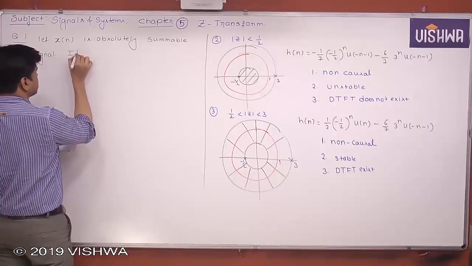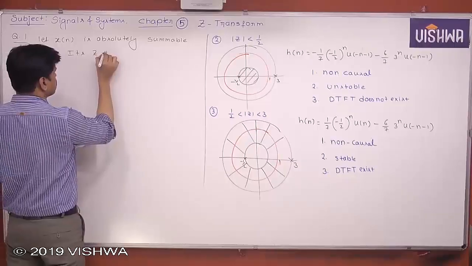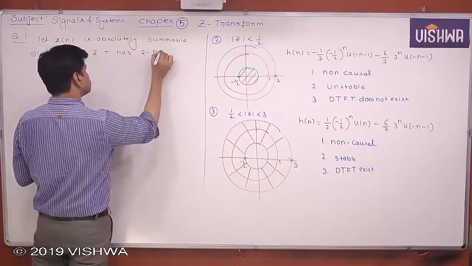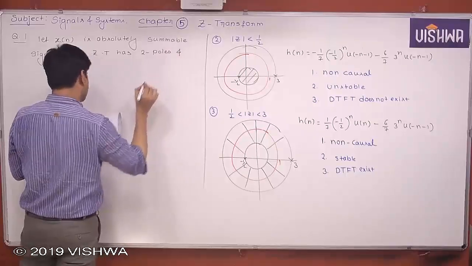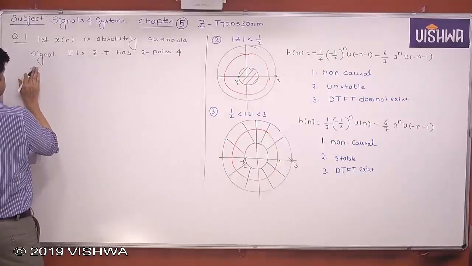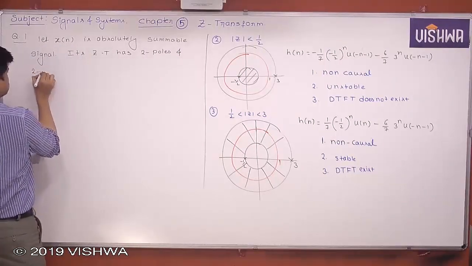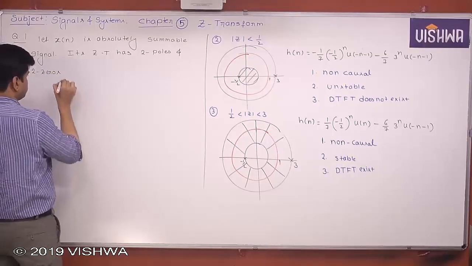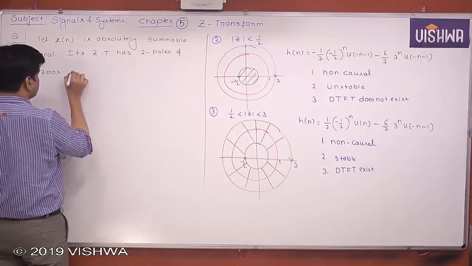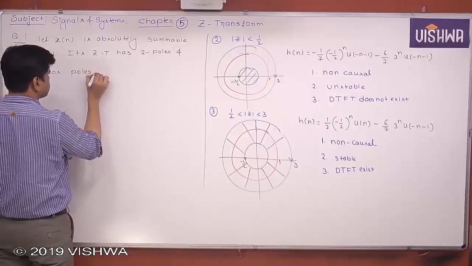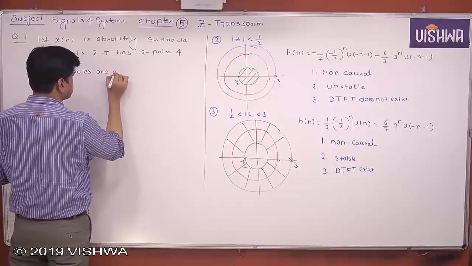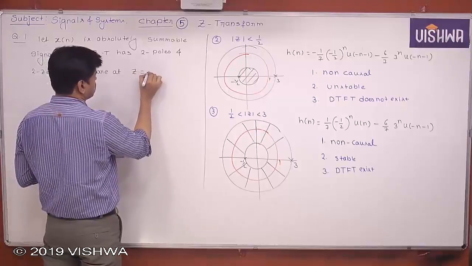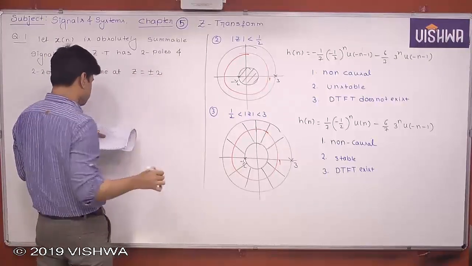Its Z-Transform has two poles and two zeros. Poles are at z equal to plus or minus 2.